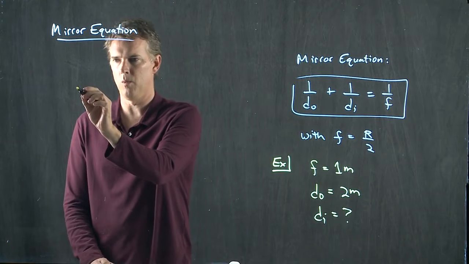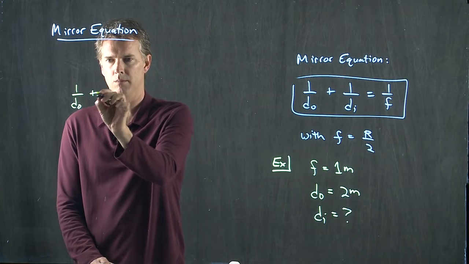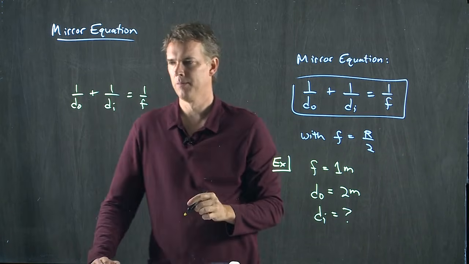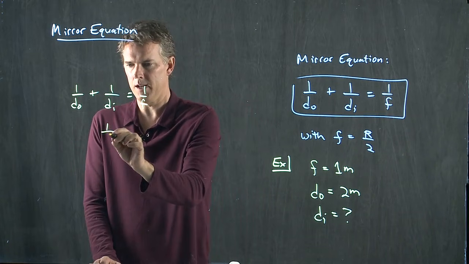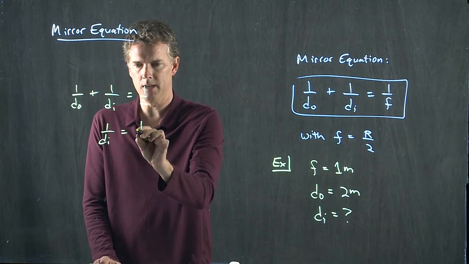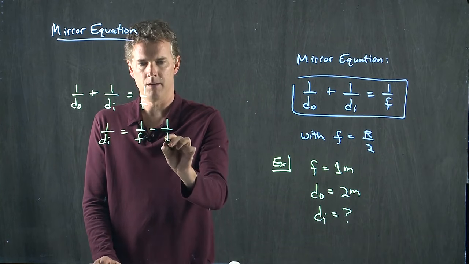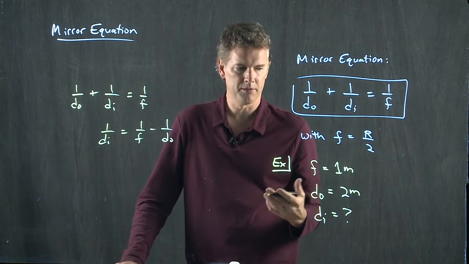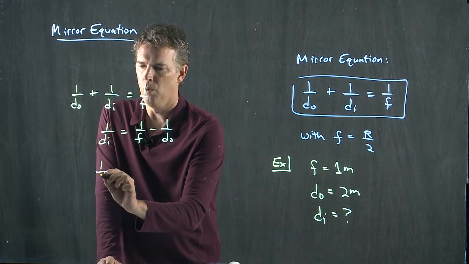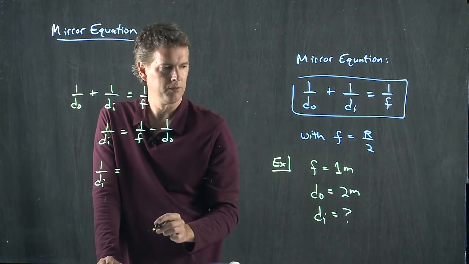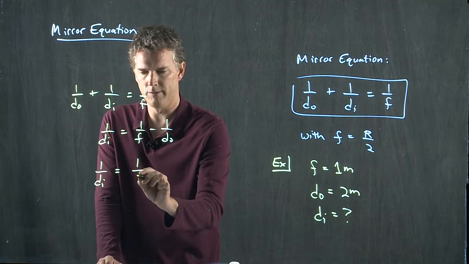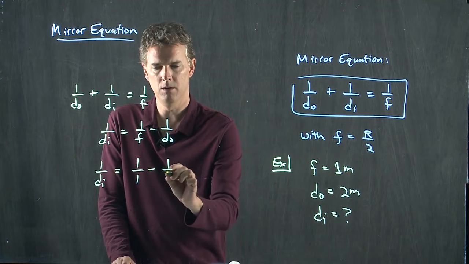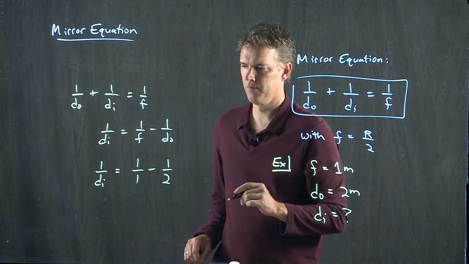All right, so we've got 1 over dO plus 1 over di equals 1 over f. So let's move the dO to the other side. I got 1 over di equals 1 over f minus 1 over dO. And now I know all those numbers, so we can just plug them in. 1 over di equals 1 over f, which is 1 over 1, minus 1 over dO, which is 1 over 2.